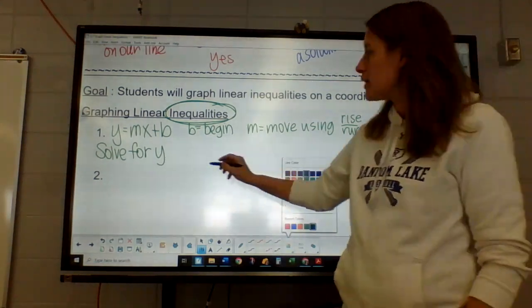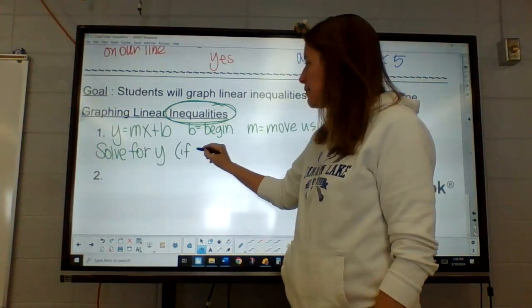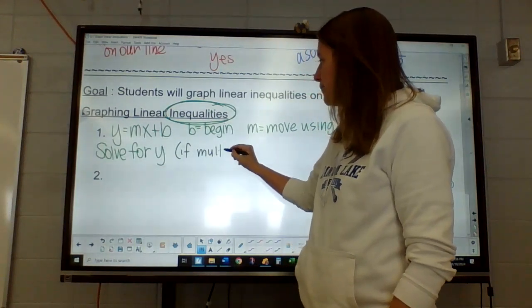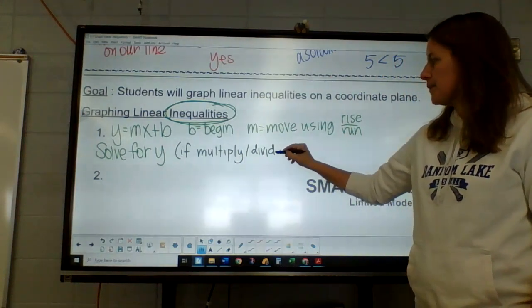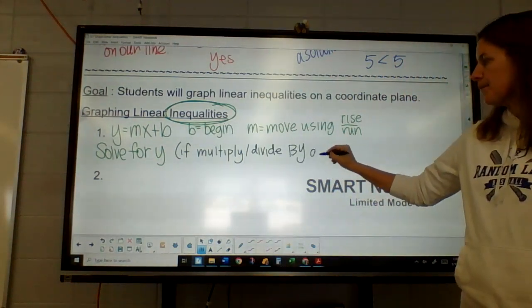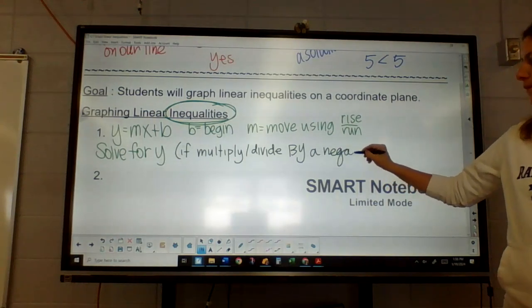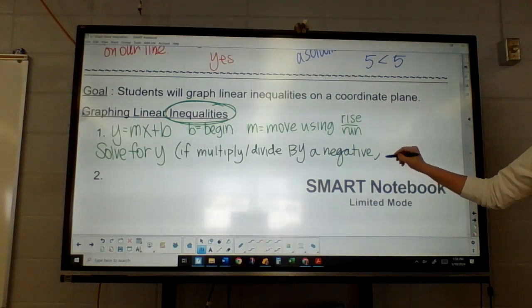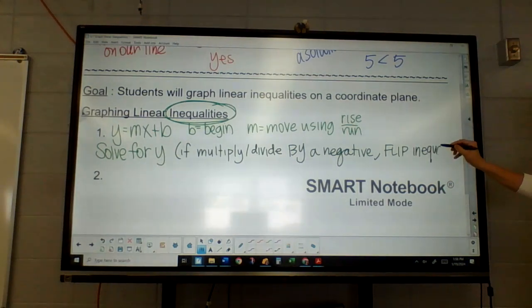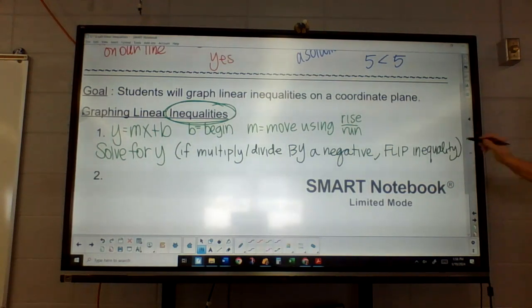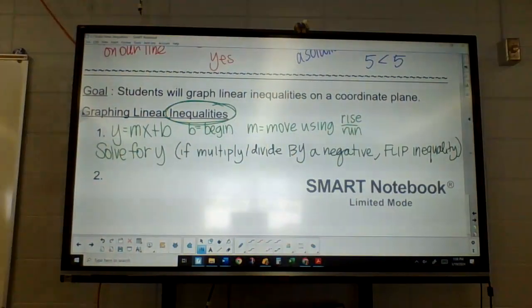So as we're solving, I'm going to write, if we multiply or divide by negative, we're going to flip the inequality. So that's on that solve step. That might happen in that first step of the problem.